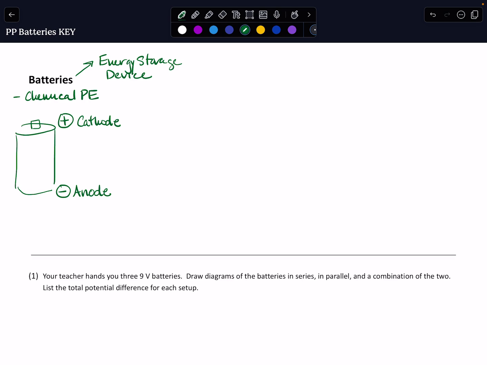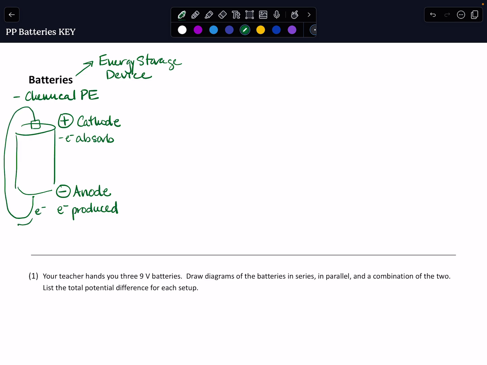The cathode's job is to absorb the electrons as they re-enter the battery, and absorb is not the best word. The reaction utilizes those electrons as a reactant. On the anode side, the electrons are produced by a chemical reaction. So the electrons basically run from the anode up and around to the cathode.